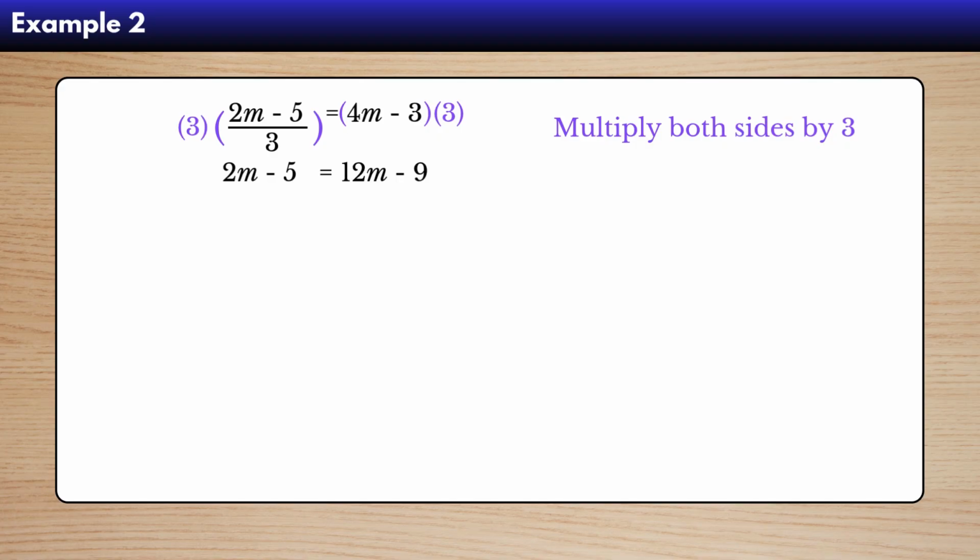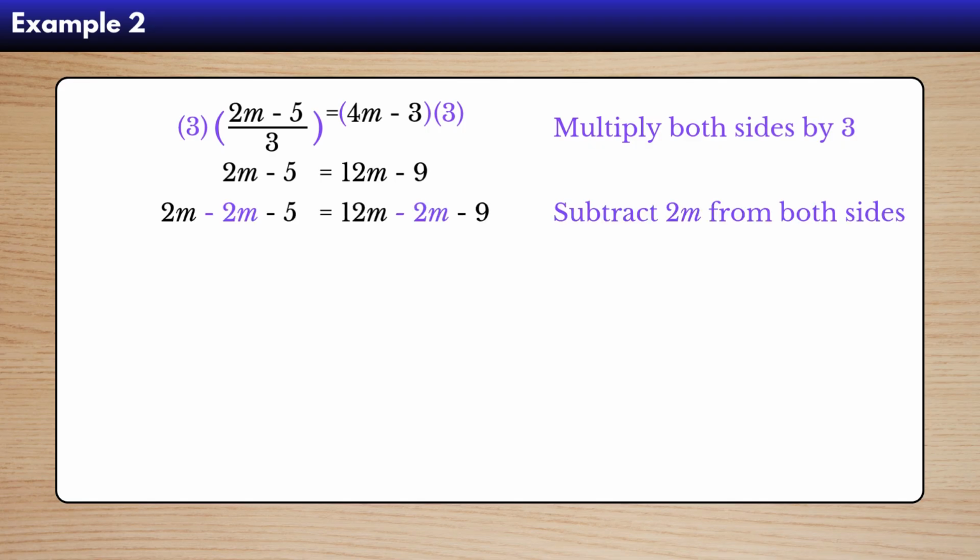To do this, we will subtract 2m from both sides. Positive 2m and negative 2m zero out, leaving negative 5 alone on the left side of our equation. 12m minus 2m is 10m, giving us 10m minus 9 on the right side of our equation.